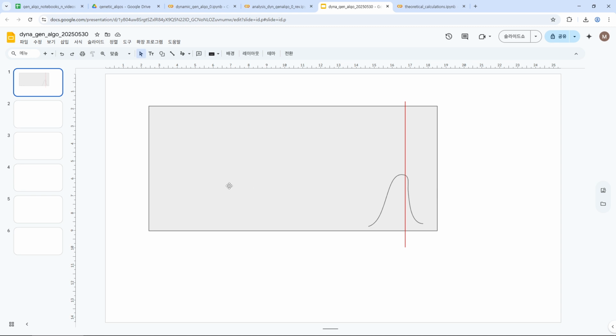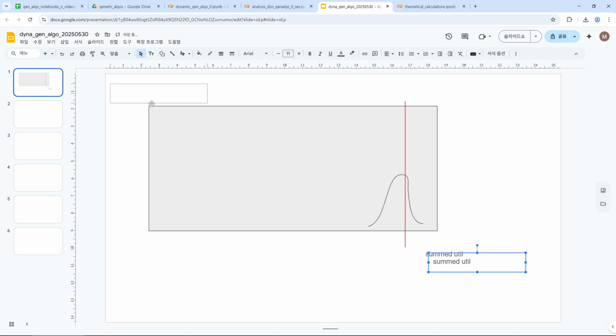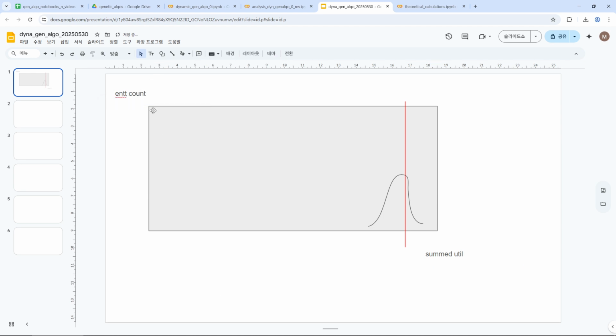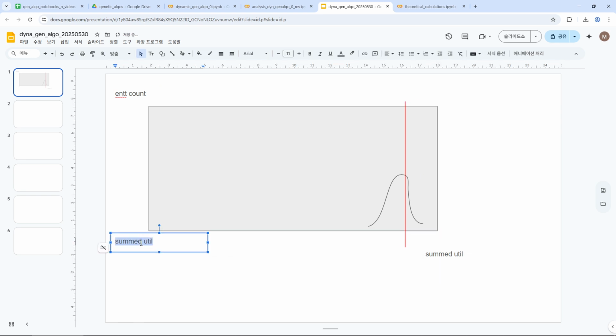So this is what would happen if things happened in one go. This is summed. In this case, the x-axis is the summed util. I need this to be smaller, and then this is the entity count, because this is the entity distribution plot, and this is 0 somewhere here.